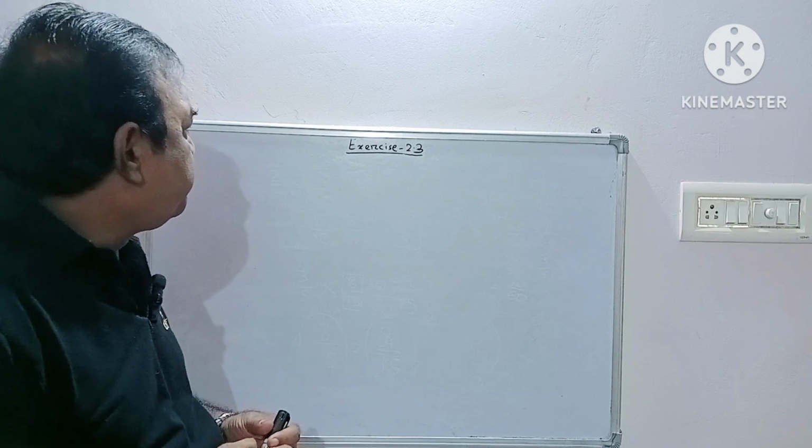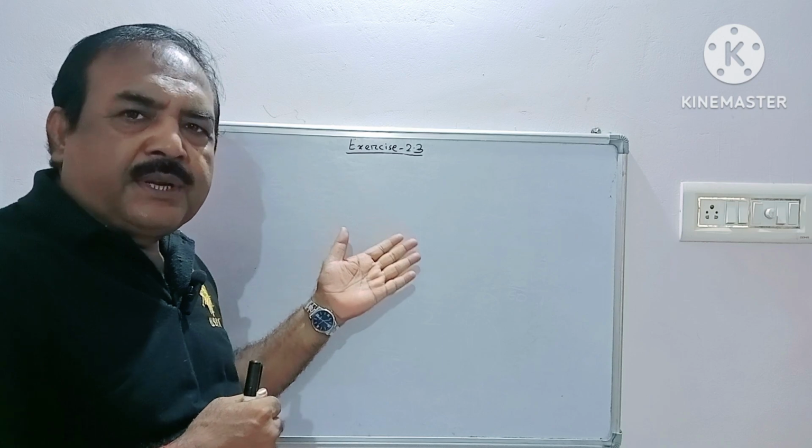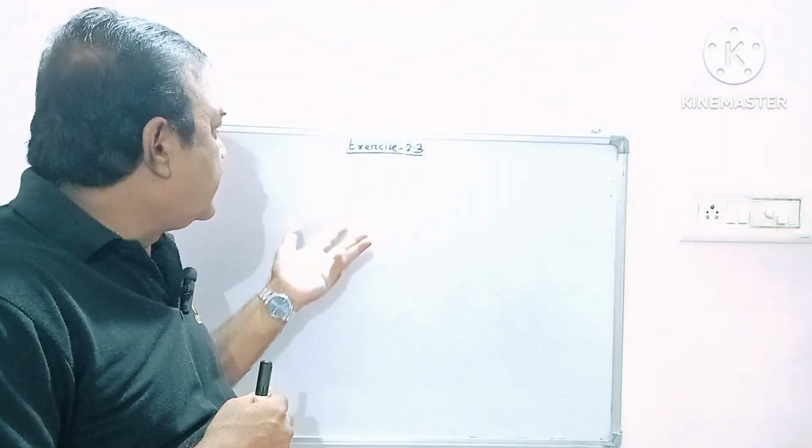Today we will discuss the questions of exercise 2.3 of standard 7, that is the NCERT book.